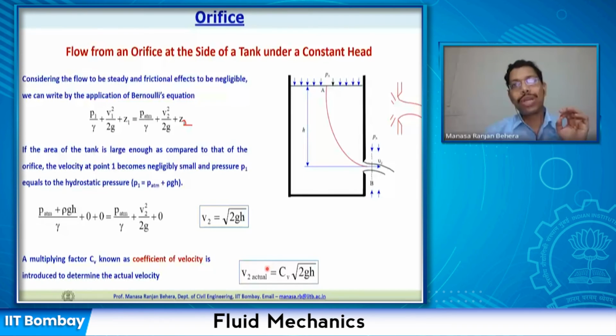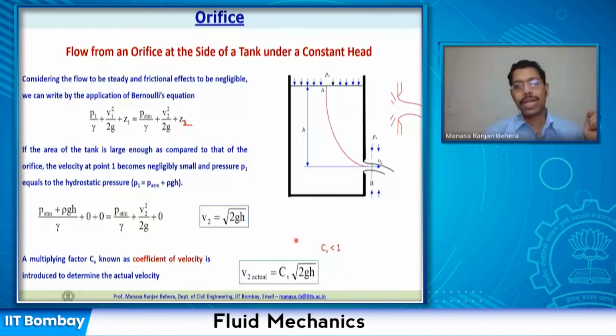So V2 actual is going to be Cv multiplied by square root 2gh. Experimentally we can find out the value of Cv, and that can be used further for the orifice. The Cv is always less than 1. The actual velocity is going to be less than the theoretical velocity because of the friction that is going to take place.